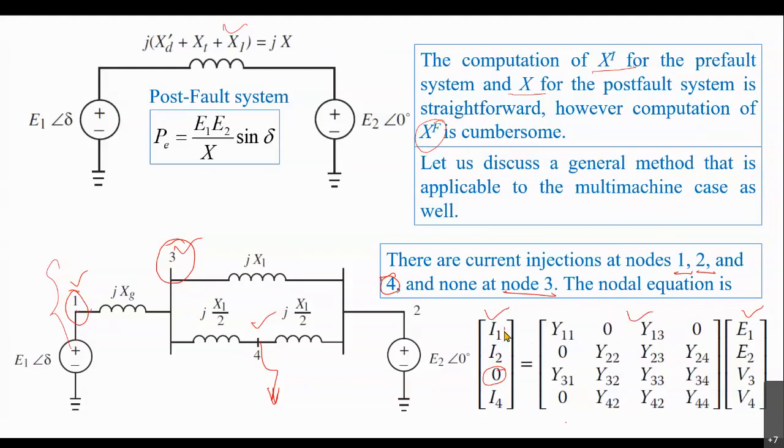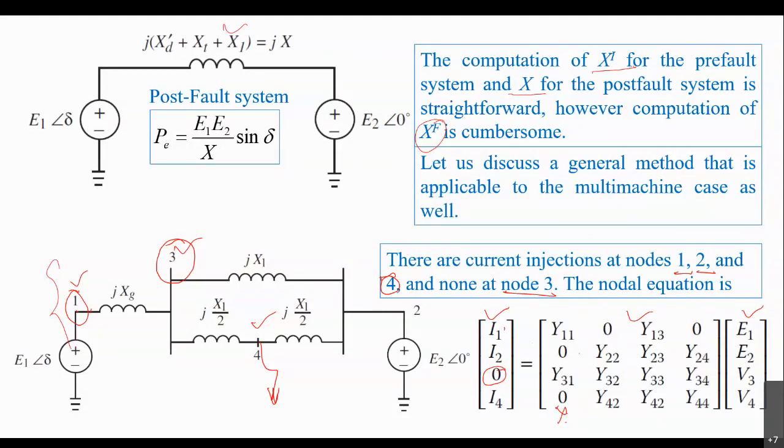And now your Y bus matrix is multiplied with the voltage vector. So how can I write the Y bus matrix? The Y bus matrix elements are Y11, Y12, Y13, Y14, like that. Here also Y21, Y22, Y23. Then finally here also Y41. But if we see, Y12 and Y14, Y21 and Y41 are all 0.